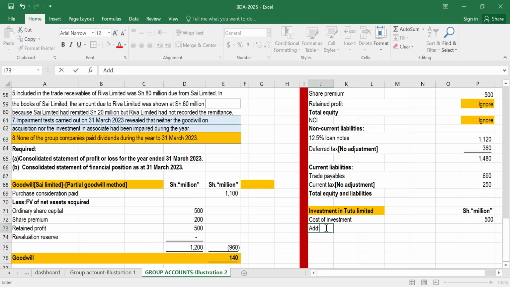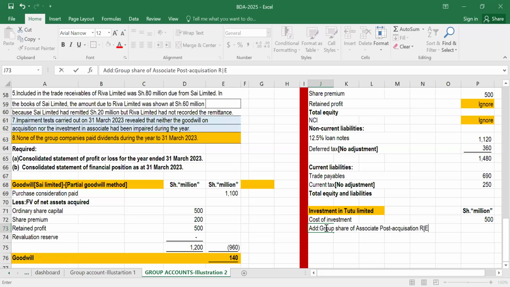We add the group share of associate post acquisition retained earnings.